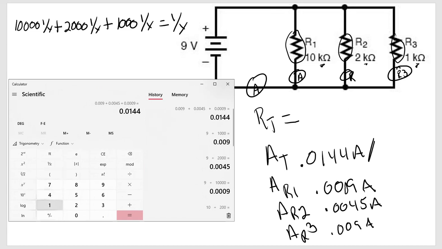And it gives me 625. So my resistance total is 625.